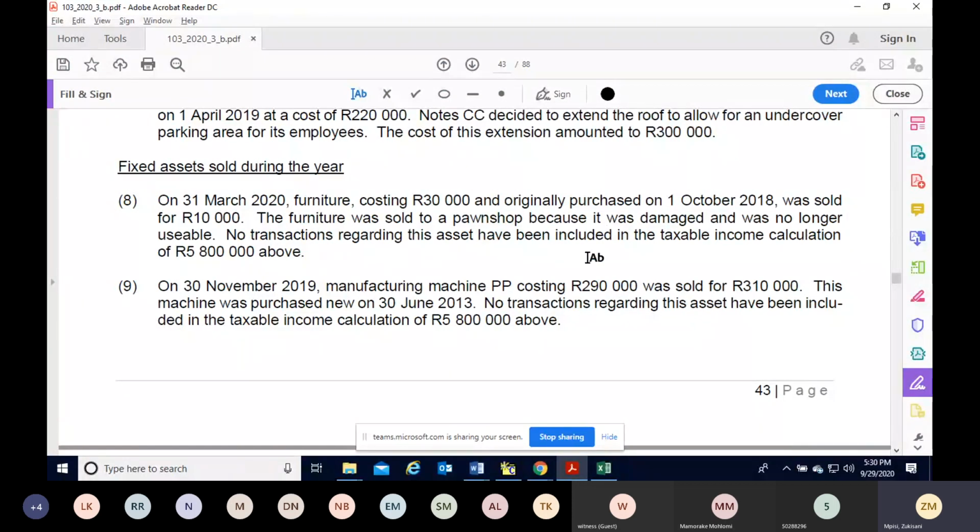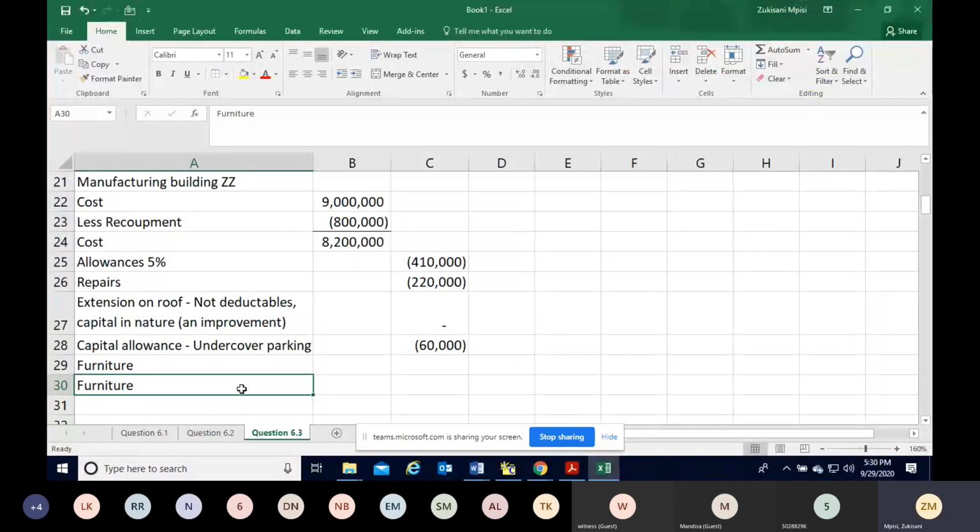No transaction regarding this asset has been included in the taxable income. So which means you now have to look at two things. You have to look at your equipment and you have to look at your section 11(o), which is the scrapping allowance, because it was sold to a pawn shop.